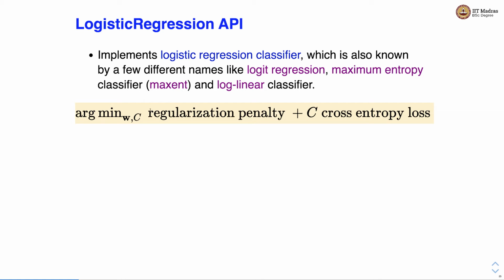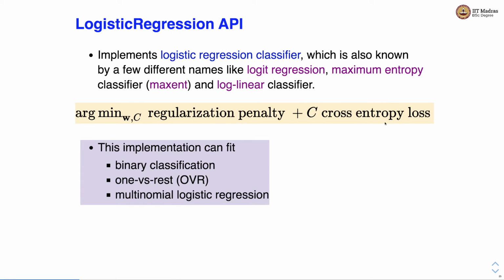Instead of applying lambda, which is the regularization rate, to the regularization penalty, it instead applies C, or it scales the cross entropy loss. So this C is the inverse of lambda, the regularization rate.